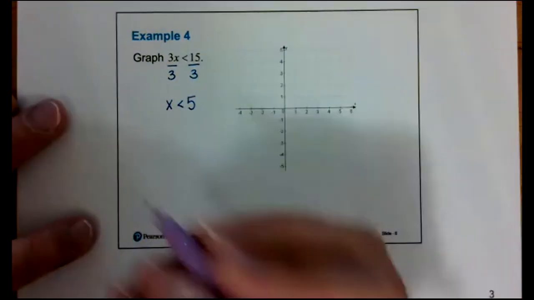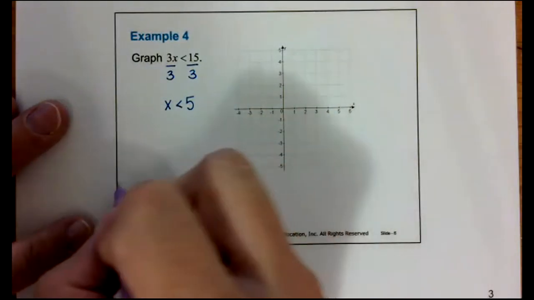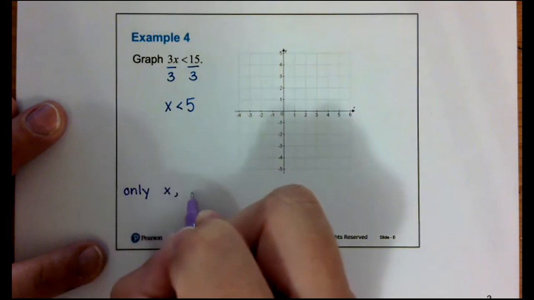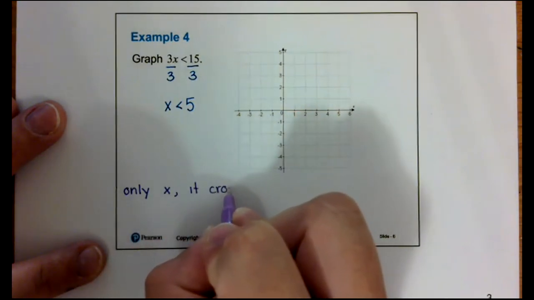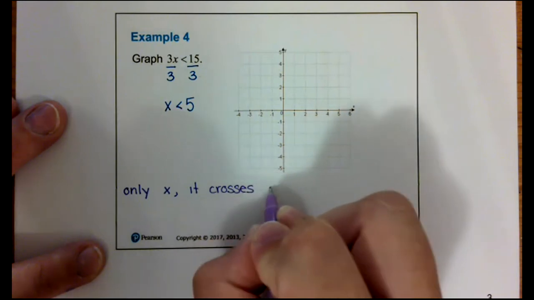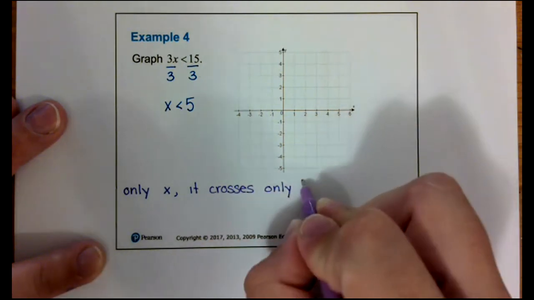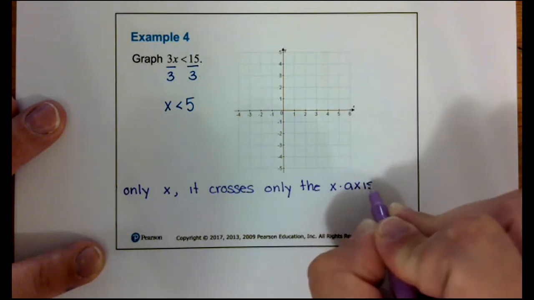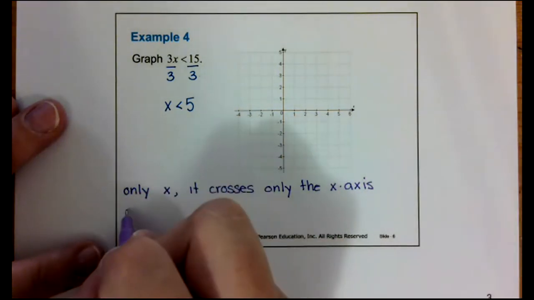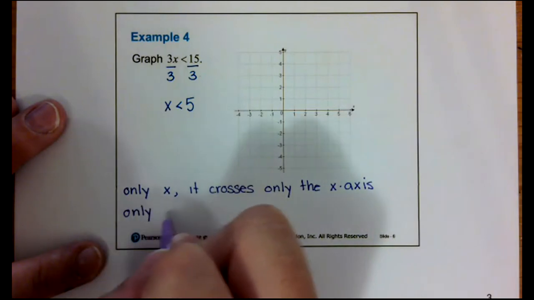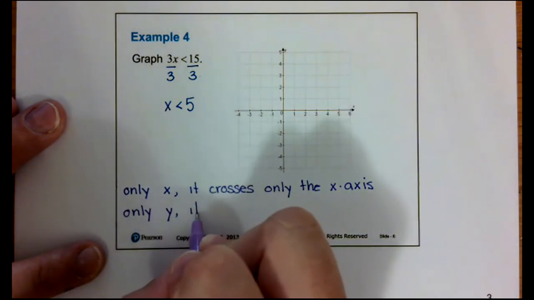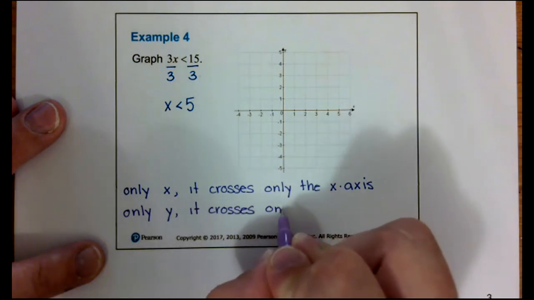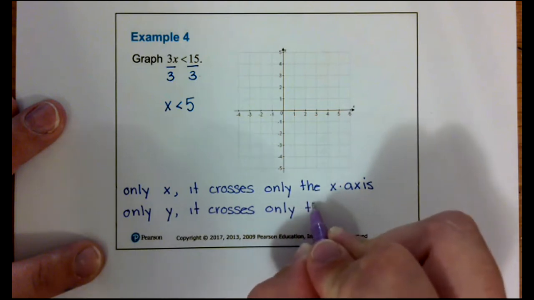Remember, if you see x, if there's only x, it crosses only the x-axis. If you see only y, it crosses only the y-axis.